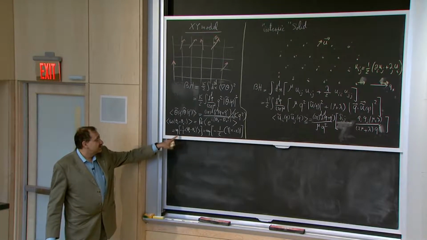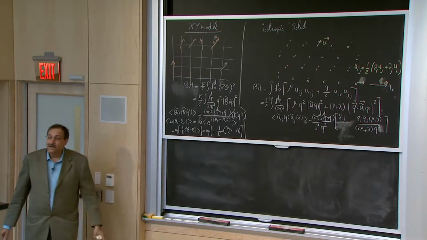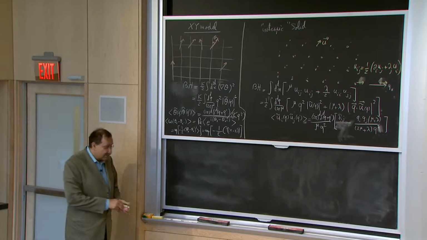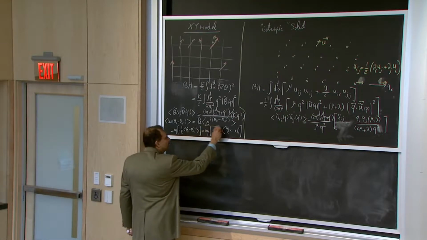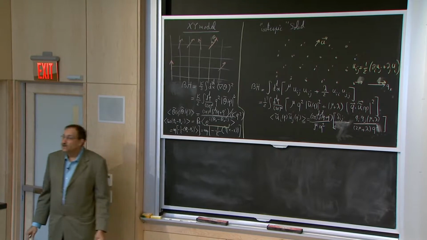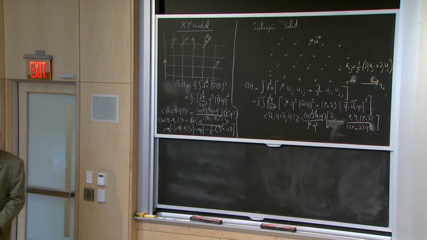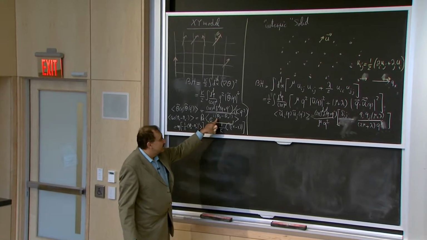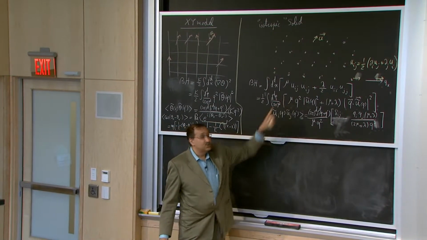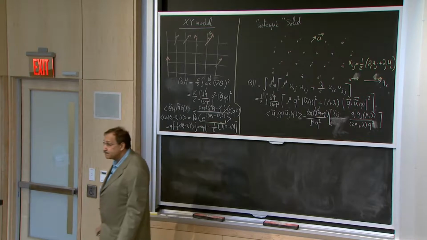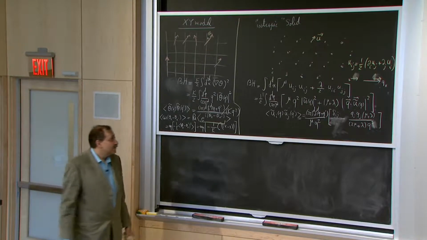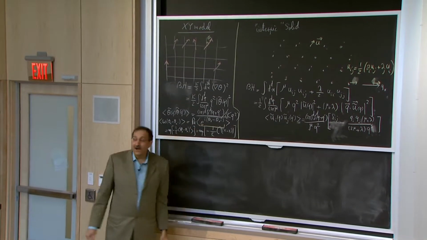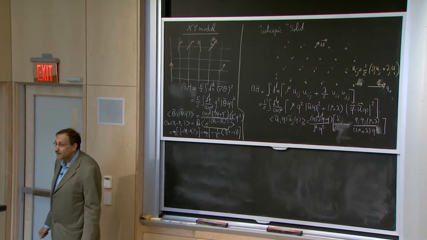Now, the only reason I went through this was to figure out what the analog of this entity should be in the case of the solid. Okay? So the analog of our theta is this vector u, the distortion. Okay? What should be the analog of e to the i theta?